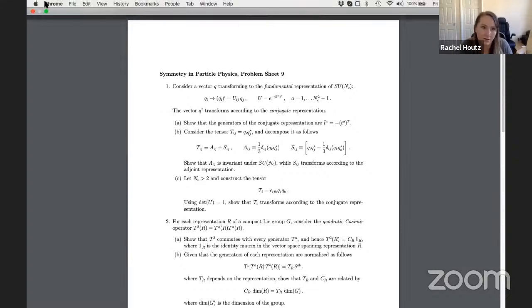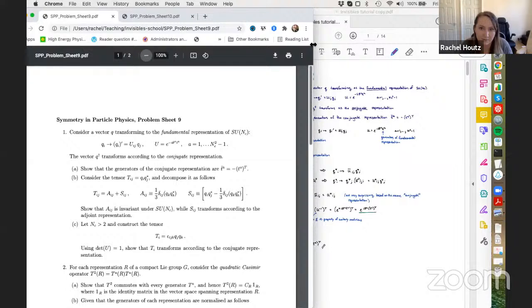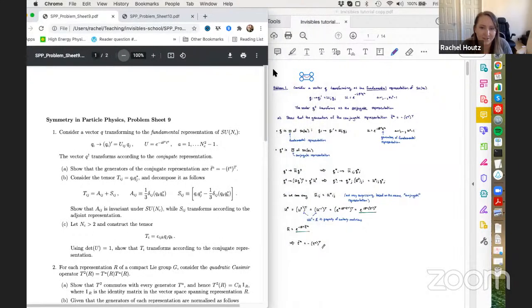All right, so I'm going to make this window a little bit smaller, but you can still see the question for now. And then I'm going to move over to the handwritten answers, where I've also written out the question again, but eventually I'll have to scroll away from it.